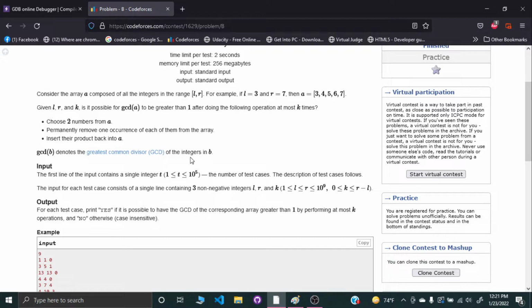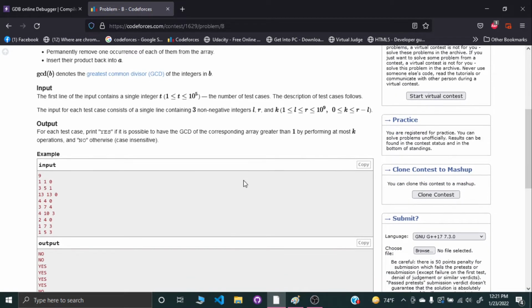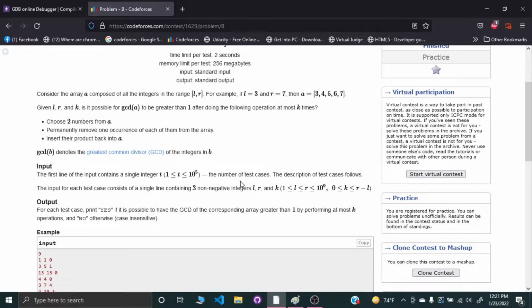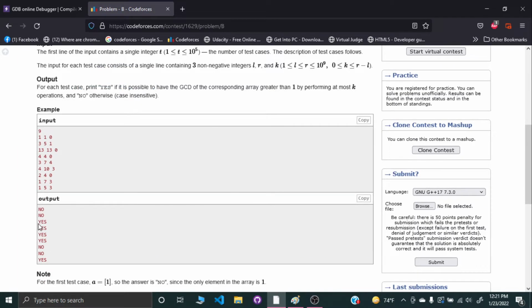Now, finally, what you have to do is tell whether it's possible to have the GCD of that array, after some operations, at most k, be greater than 1 or not. If it is possible to make the GCD of the corresponding array greater than 1, then the answer would be yes. Otherwise, if you could not transform it, the answer would be no.